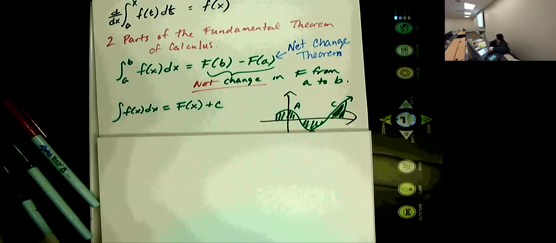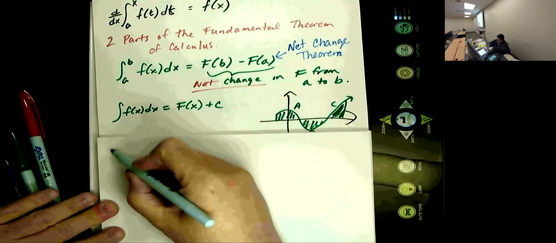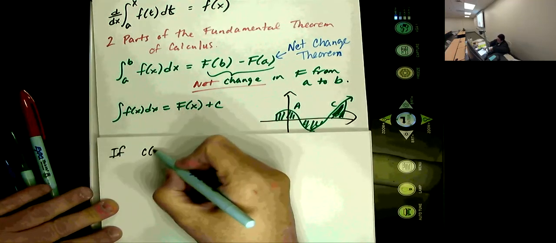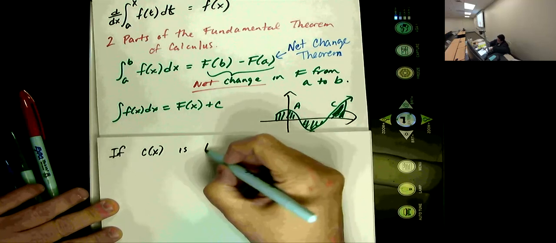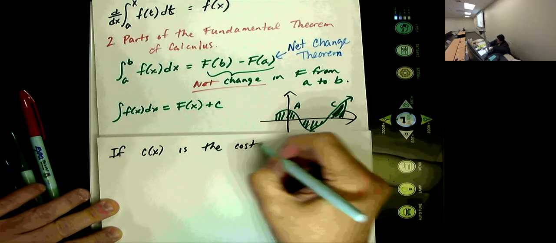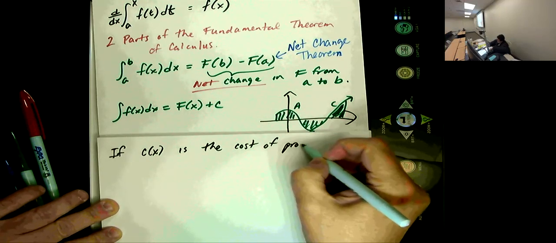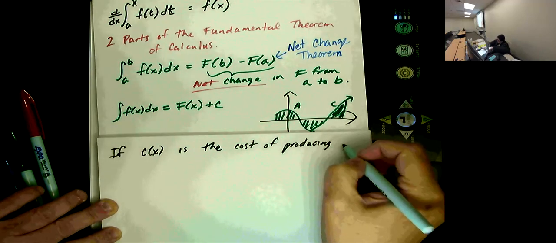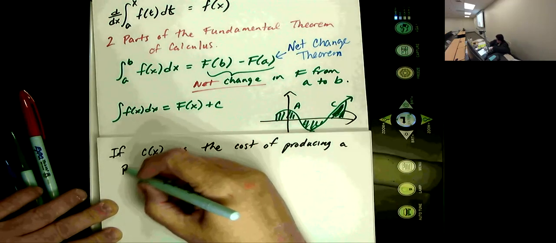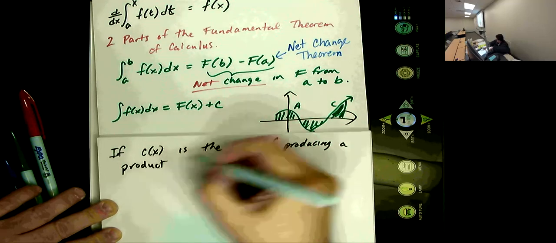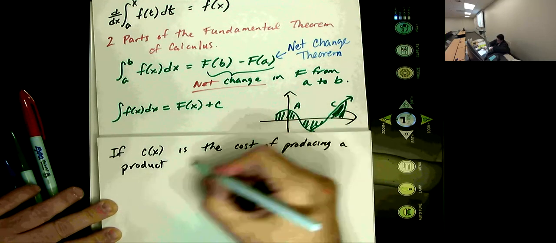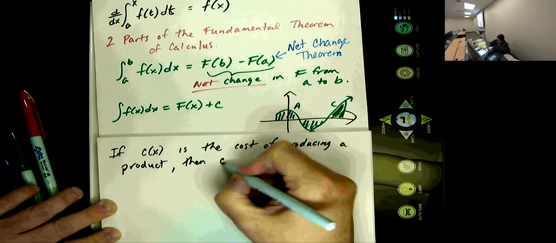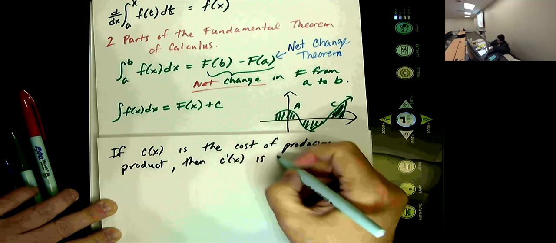Like in economics, if C of x is the cost of producing a commodity, then C prime of x is called the marginal cost.